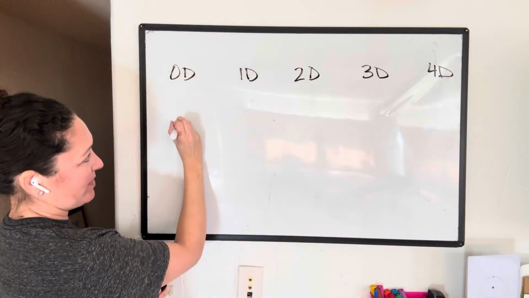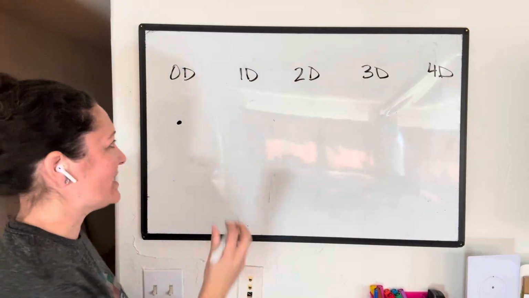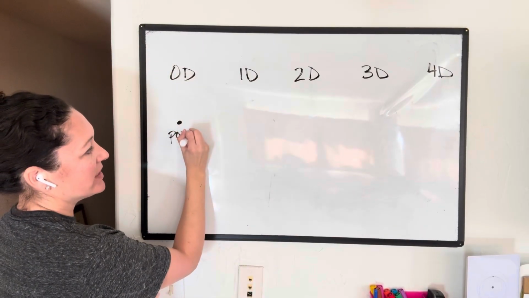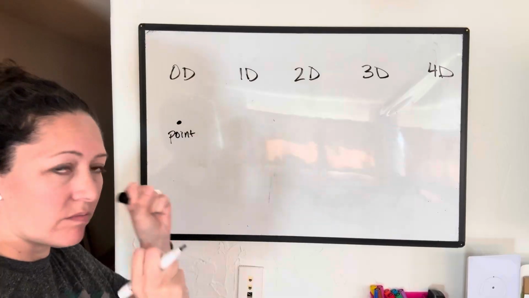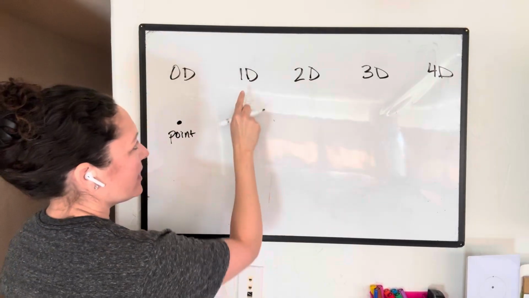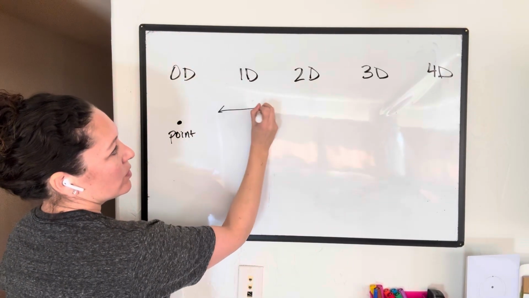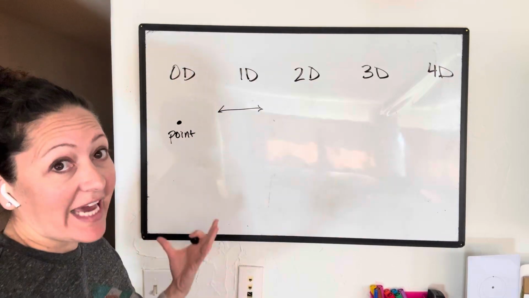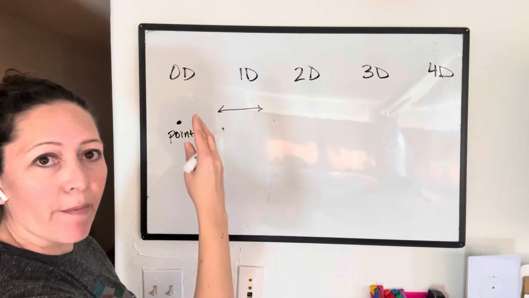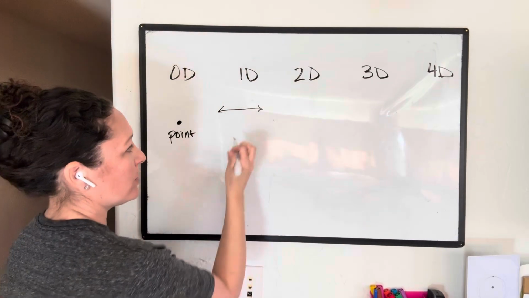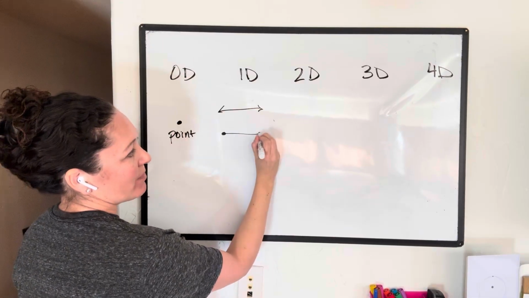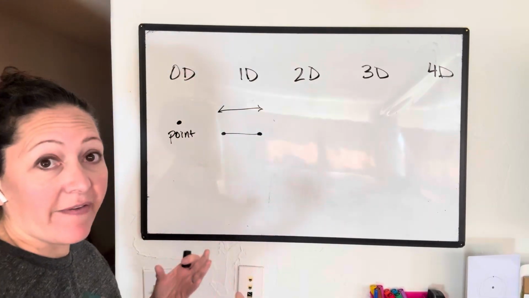Okay, so 0 dimension. We have our point, right? And our point has no length, no width, no height, just a point. In 1D, we can have a line, and that is unbounded. If I want to have a bounded, closed shape in 1 dimension, I have to put some endpoints on it, and I have a line segment.